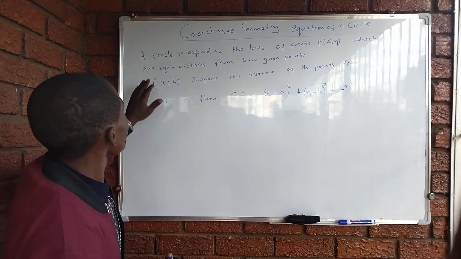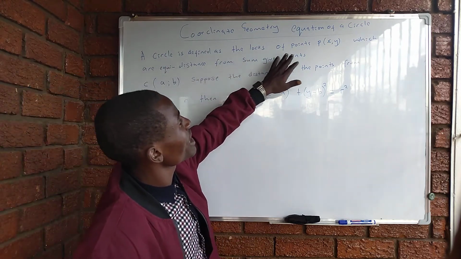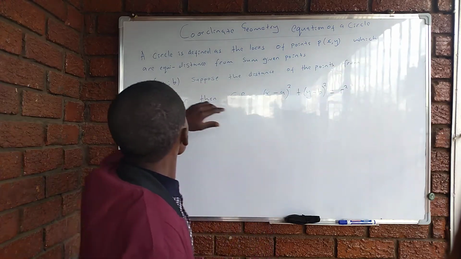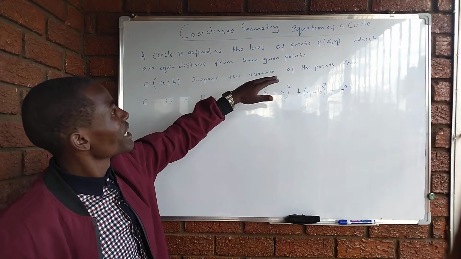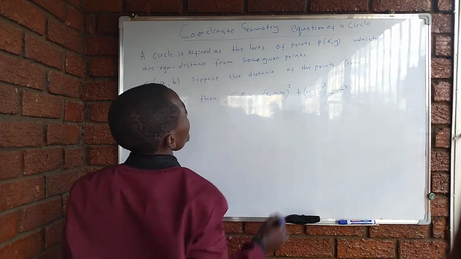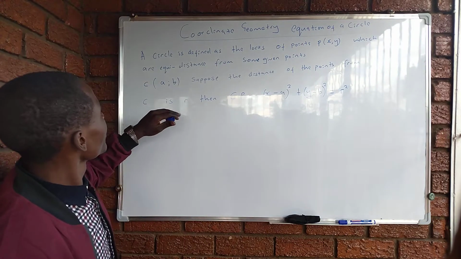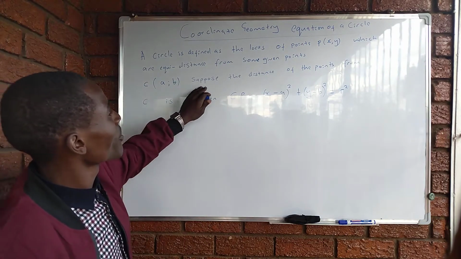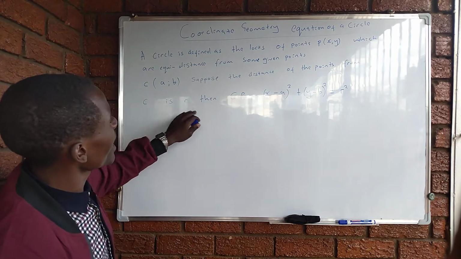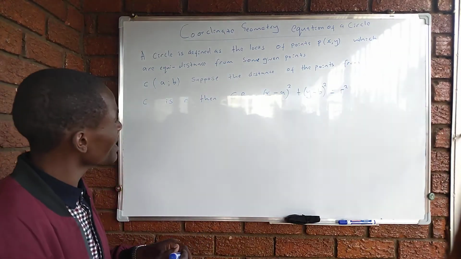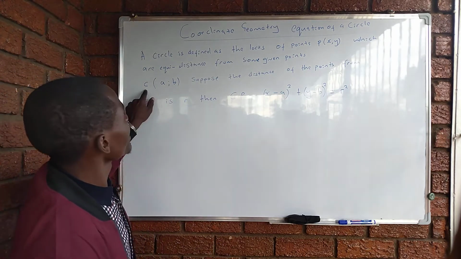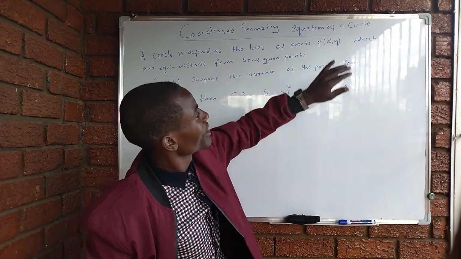So, a circle is defined as the locus of points P which are equidistant from some given point C. Suppose the distance of the points from C is R, then the distance CP is the distance between point C and the point P, right?